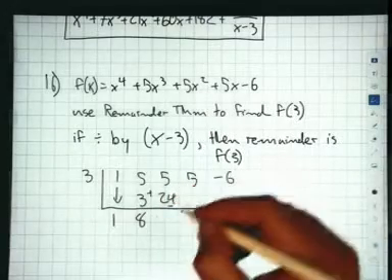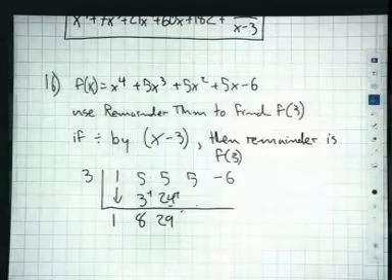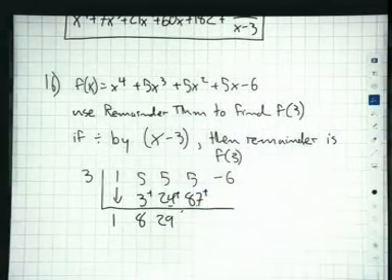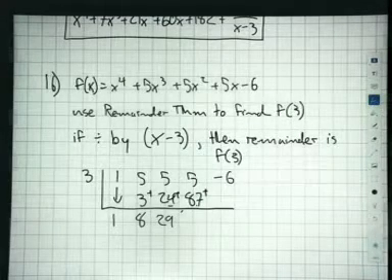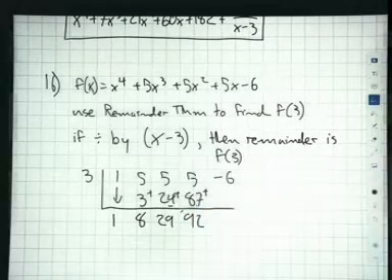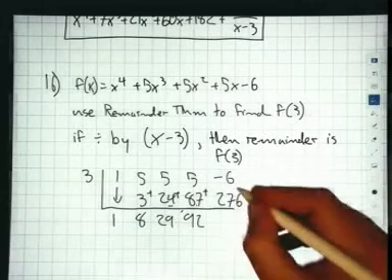So that's 24. Add those together, you get 29. 29 times 3 is going to be 87, plus 5. That's going to be 92. And then 92 times 3 is going to be 276.